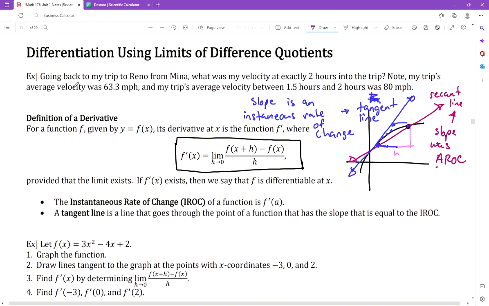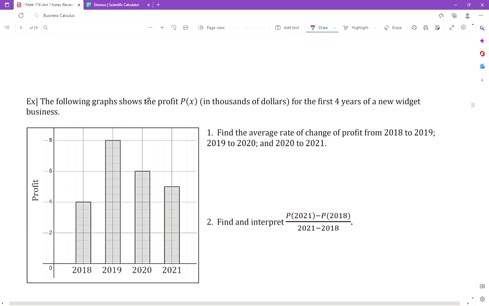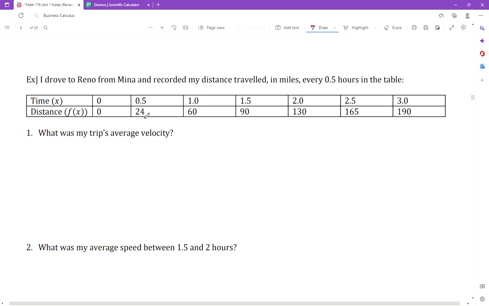Going back to my trip to Reno from Mina: what was my velocity at exactly 2 hours into the trip? My trip's average velocity was 63.3 miles per hour, and between 1.5 hours and 2 hours it was 80 miles per hour. We worked that problem in a different video, in this table.